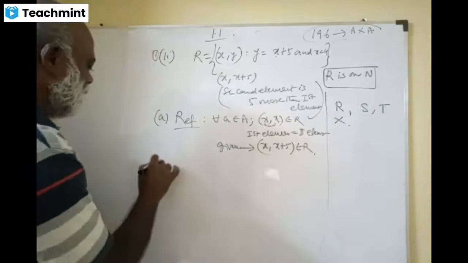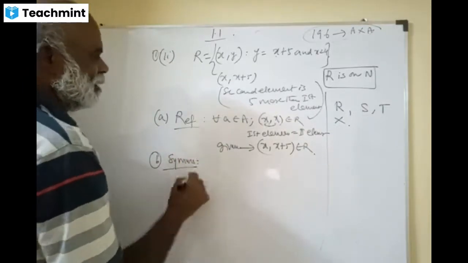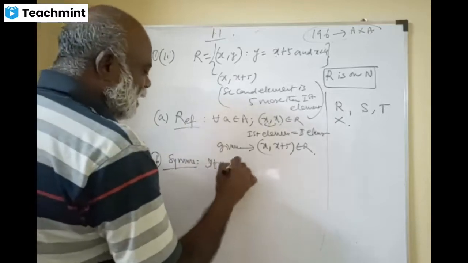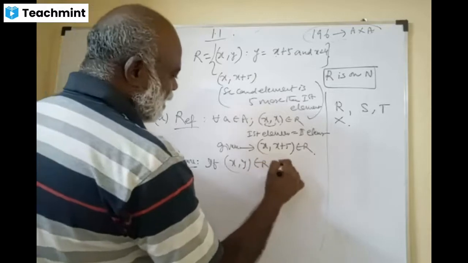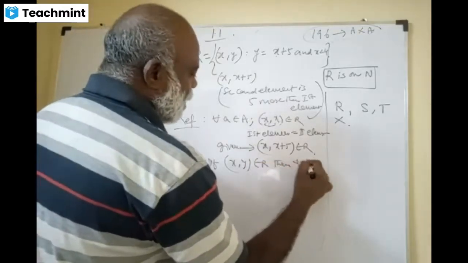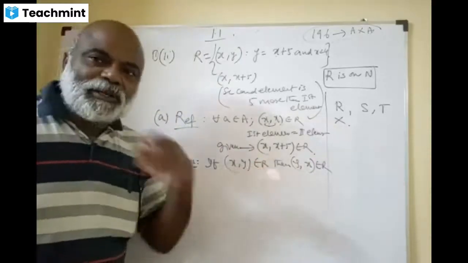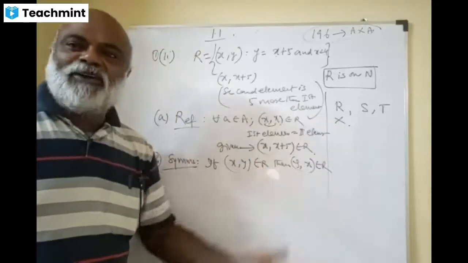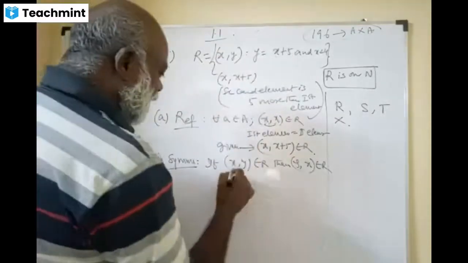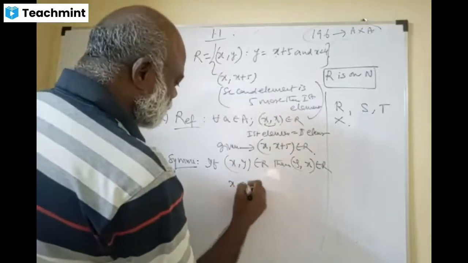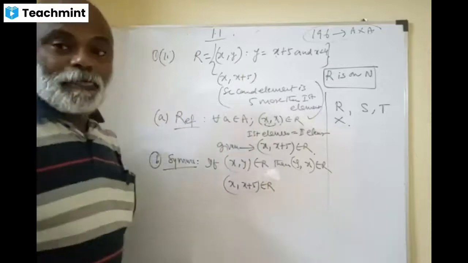Let us go for B. Symmetric. We know that if x comma y belongs to R, then y comma x also belongs to R. This is what a symmetric relation wants. The general relation is defined like this. x comma x plus 5 belongs to R, because we have to give a chance.